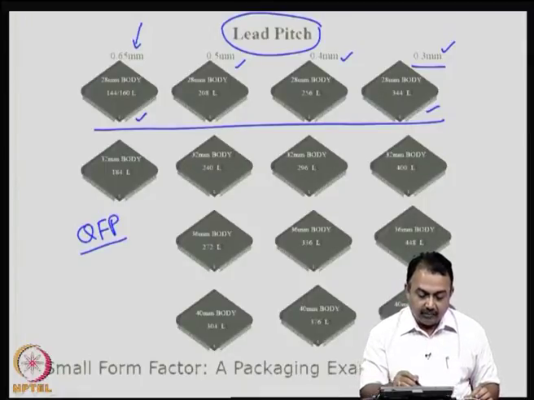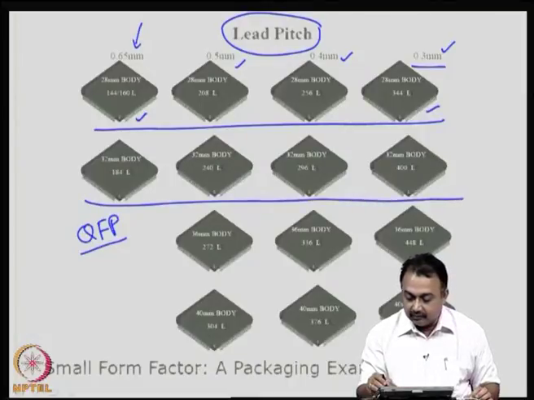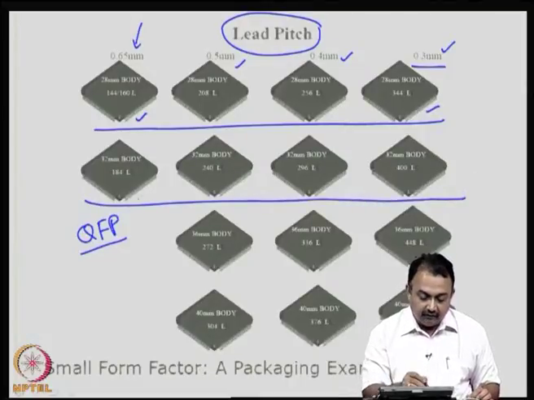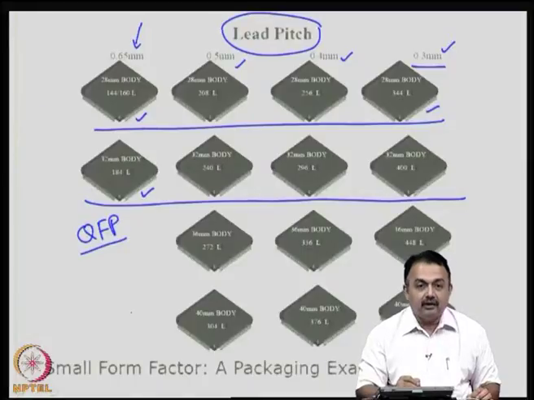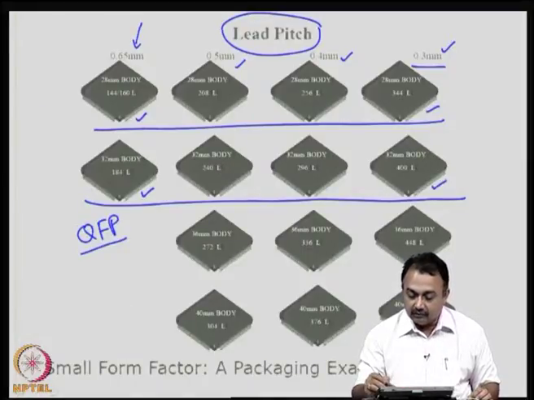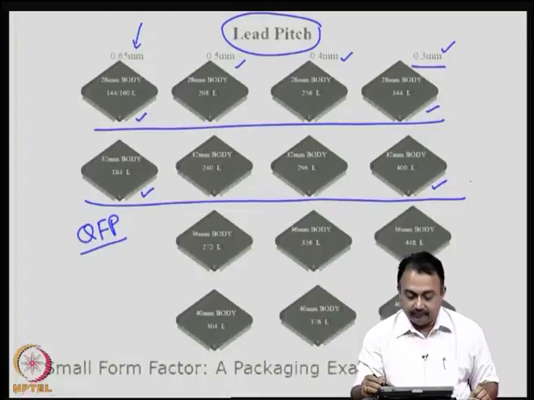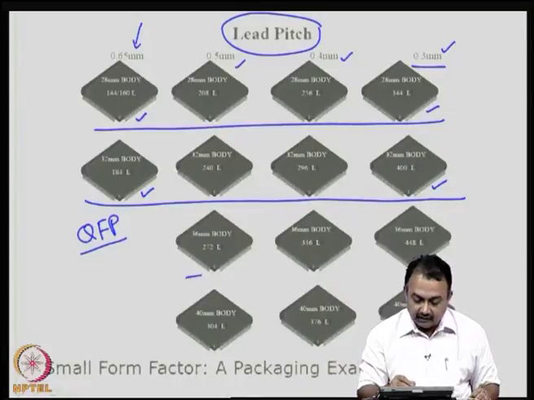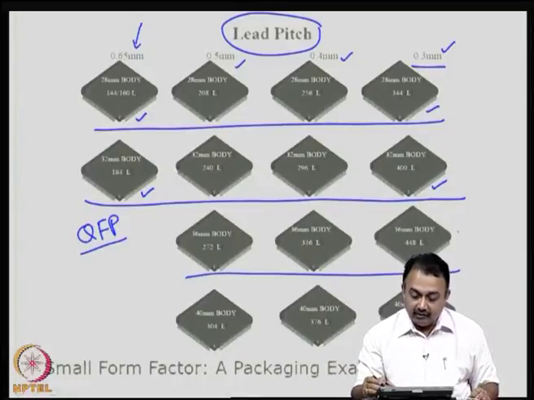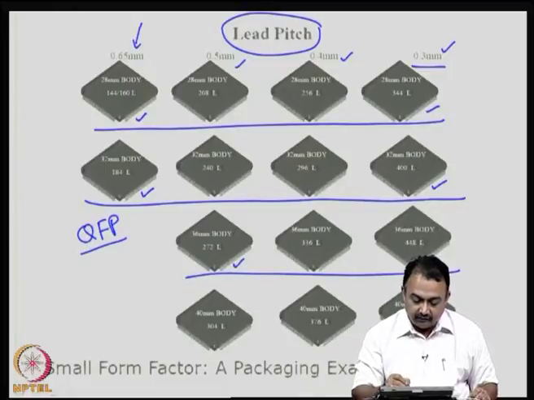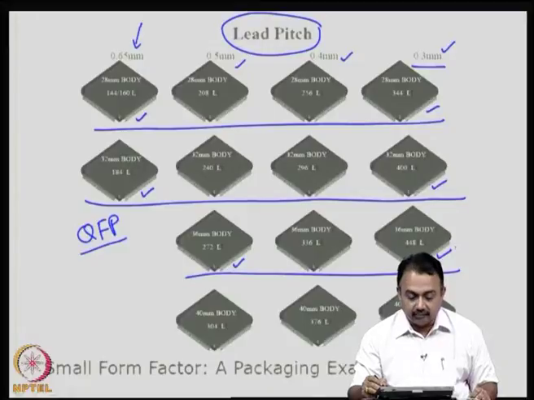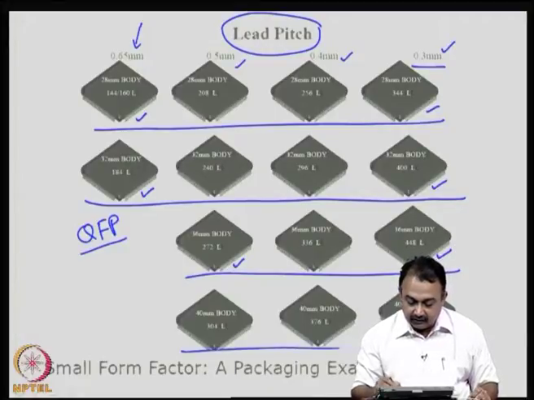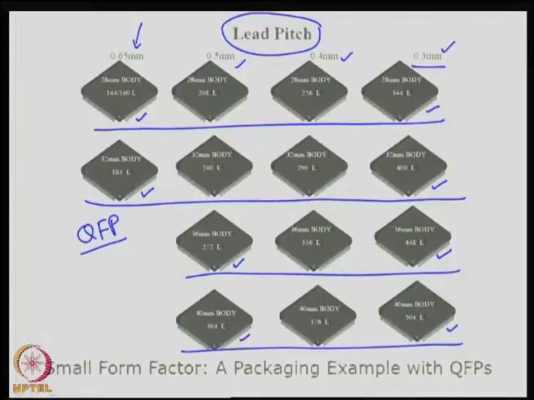Similarly, with the 0.65 mm pitch and 32 mm body, and these are all 32 mm square bodies, we move from 184 leads to almost 400 pin count, and similarly with 36 mm at 0.5 to 36 mm at 0.3, we are moving from 272 to 448, and the 40 mm package from 0.5 to 0.3, 304 to 504.